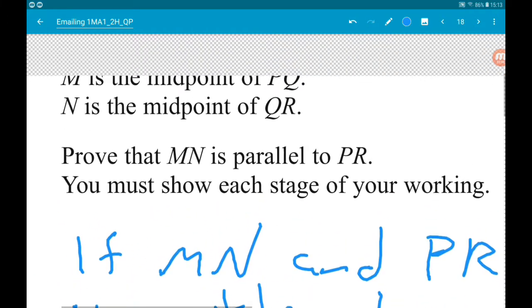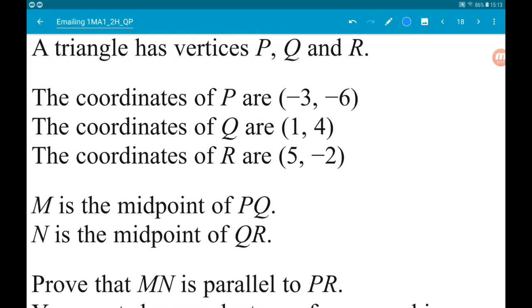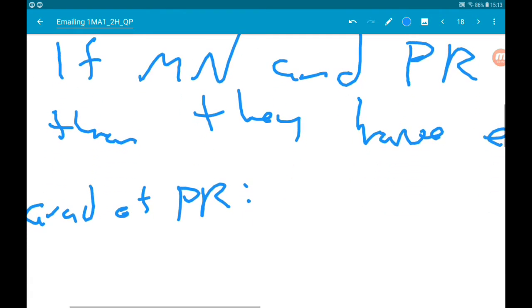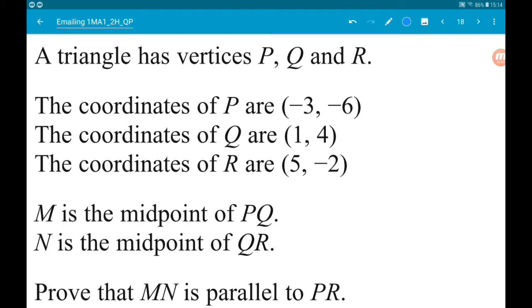So P has a y coordinate of -6, R is -2. So we have -6 minus -2 over -3 minus 5.